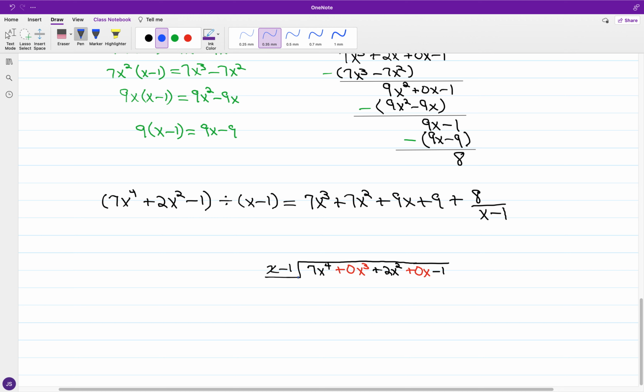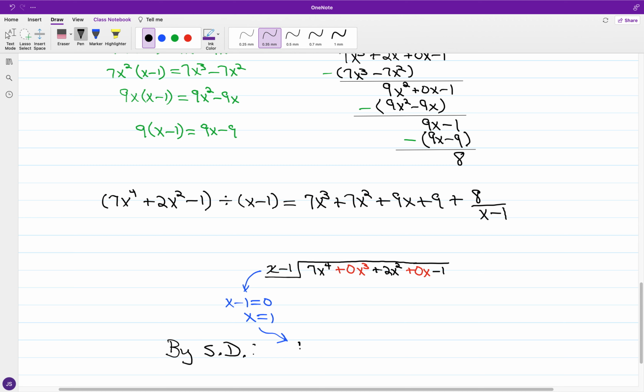I'm still taking x minus 1 into this polynomial, and I still need the 0 placeholders. And I can use synthetic division since the divisor is first order in x.